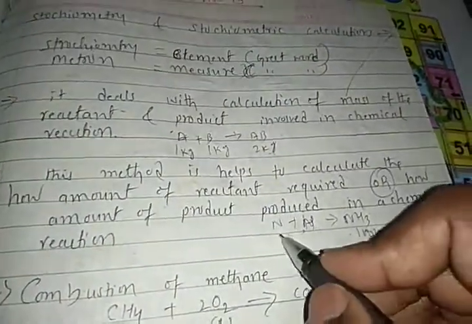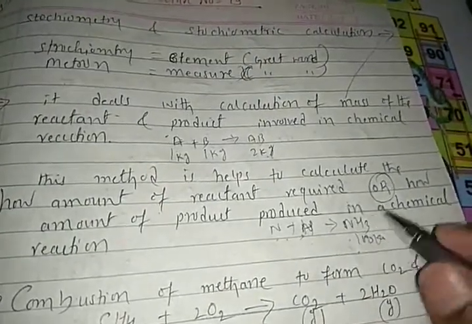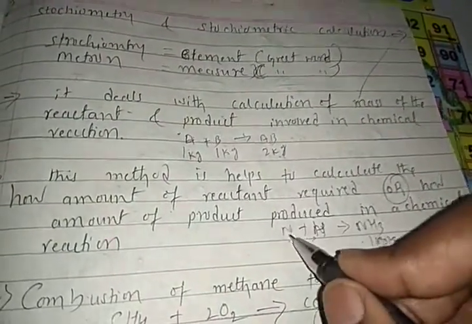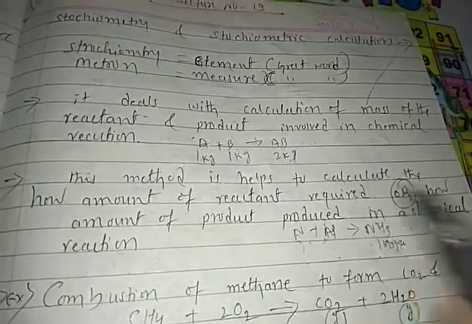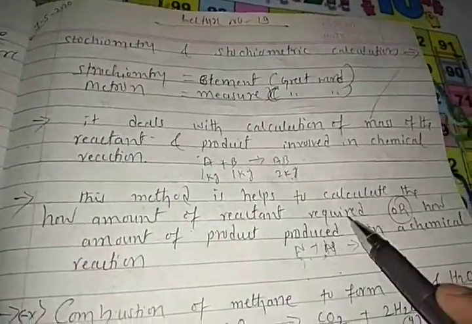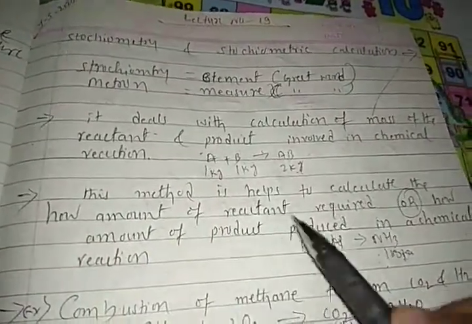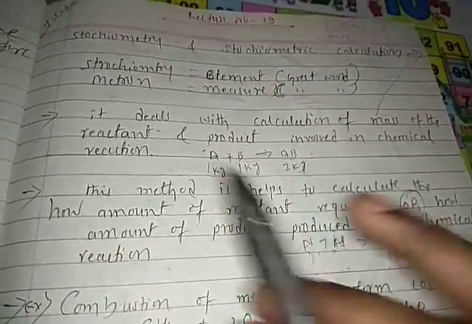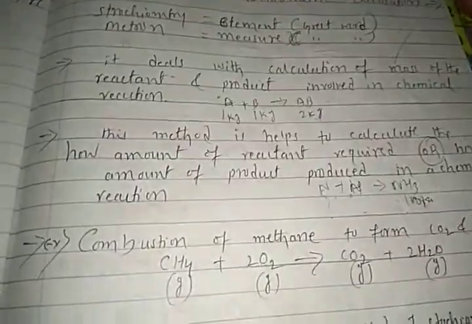So it helps to calculate the amount of reactant required and the amount of product produced. Right, students? So this is the stoichiometric coefficient, or we may say balanced chemical reactions.